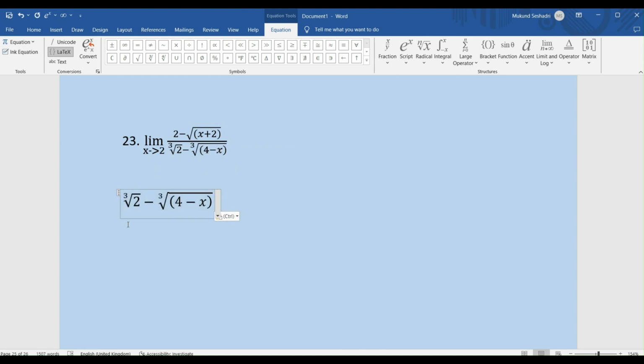Because in all these problems, the first thing that you will have to try arriving at is, can I pull out a factor which is common to the numerator and the denominator, right? And that's what we're going to do in this particular problem as well.